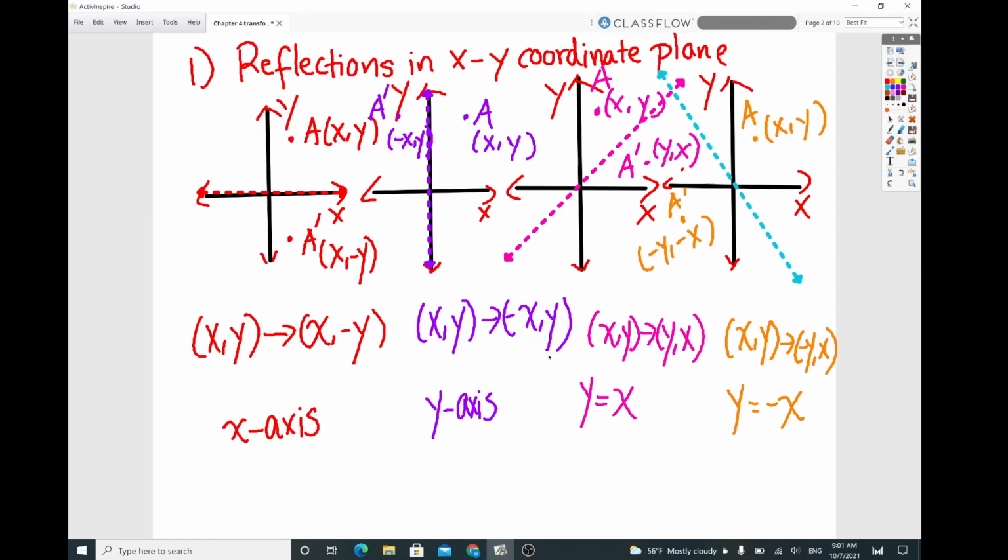Reflection over the y-axis, x comma y maps to negative x comma y. For y equals x, we just switch the x and y values. And for y equals negative x, besides switching the x and y values, we also convert the new x coordinate to its negative.